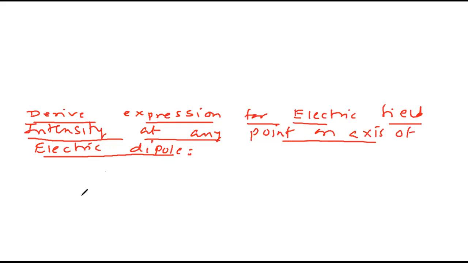What is an electric dipole? Two equal and opposite charges separated by a finite distance is called an electric dipole. We are interested in the electric field intensity due to this dipole at any point on its axis.